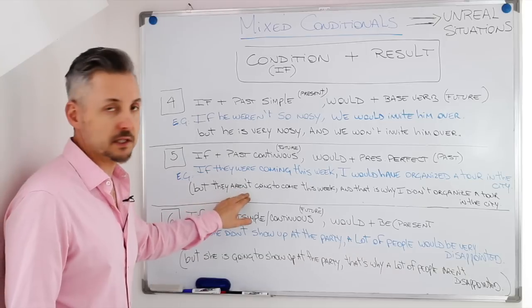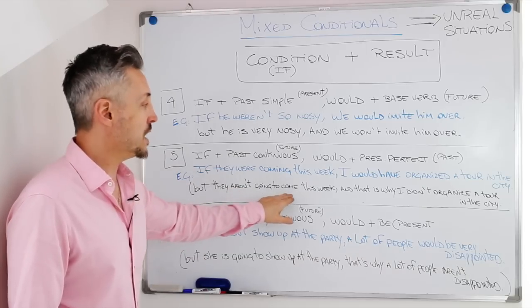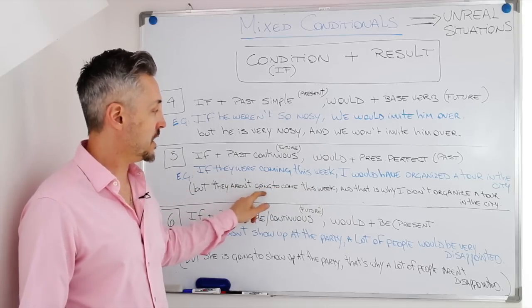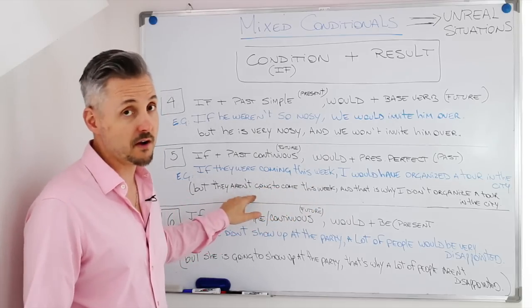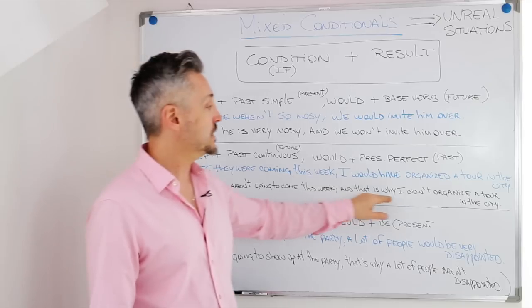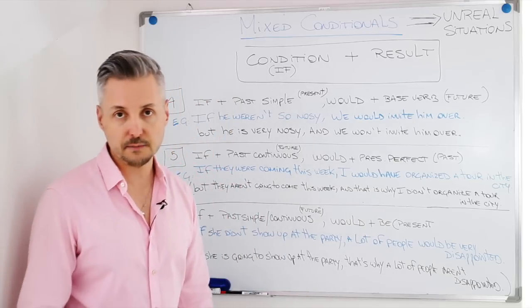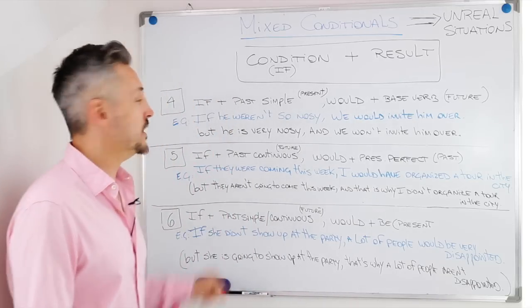But they aren't going to come this week. This is the real situation. They aren't coming this week. That is why I didn't organize a tour in the city. Okay, so this is the fifth pattern.